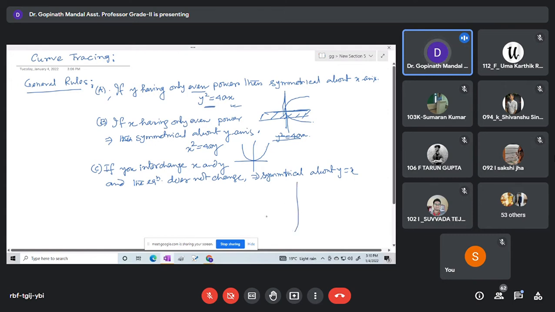Y equal to x, this means this is the line y equal to x. So this will be symmetrical like that.